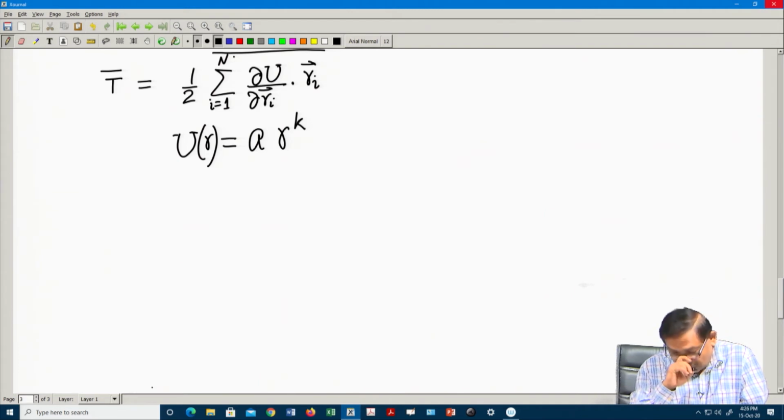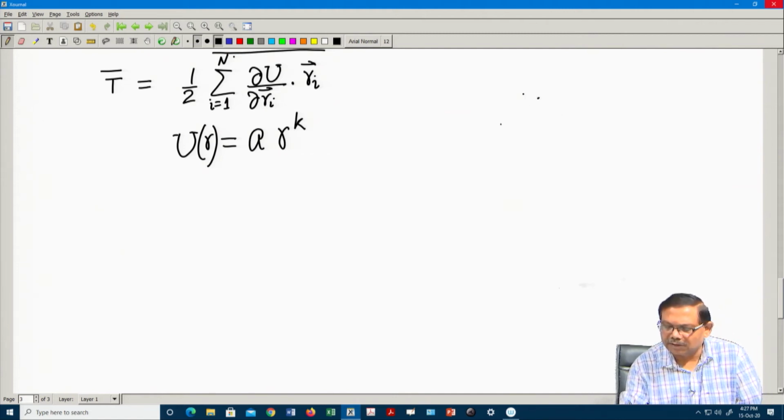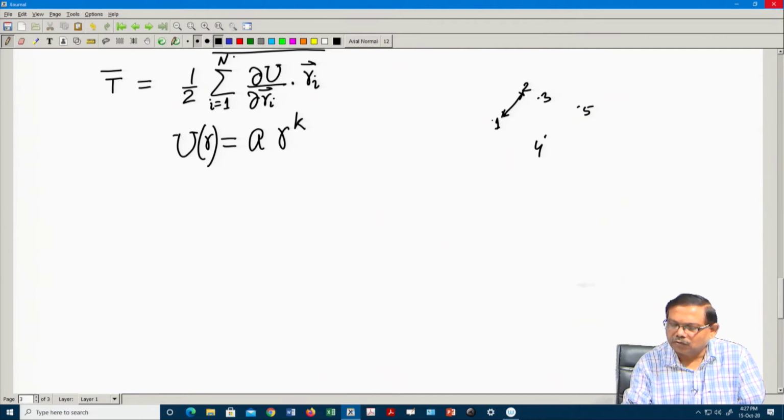So, what does it mean? If you are getting in potential energy one term which is quadratic, let us say there is an n particle system. These two interacting will give some potential energy, interaction between 1 and 3 will also give, 2 and 3 will also give, 3 and 4 will also interact. So, all will give various kinds of terms.